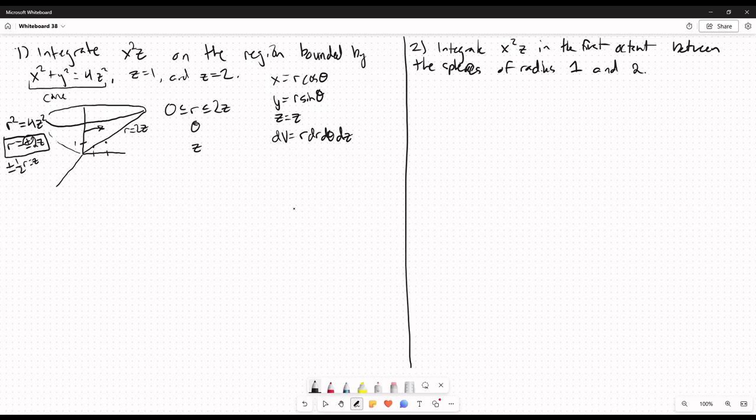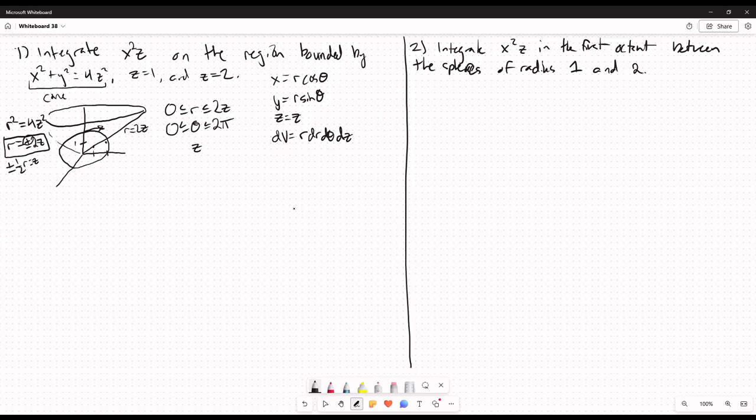We'll see another reason why we don't care about negative distance when we look at theta. Theta tells me how far around I'm rotating, and I have the whole cone here. If I start at the x-axis and go to the y-axis, that's 0 to pi over 2, but I'm also going around to here and here. So I'm actually going the full 360 degrees, or 2 pi radians.